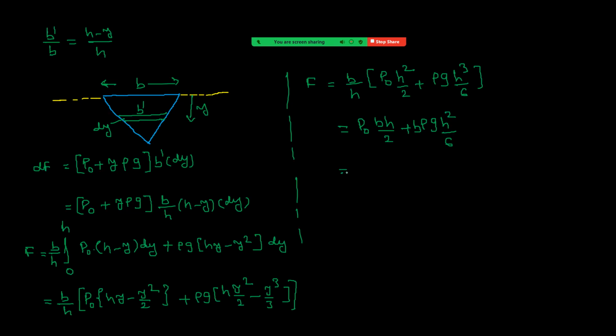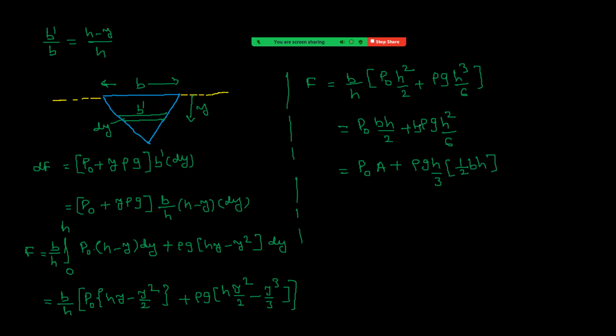Okay, now see the same thing, we can take it as B P naught half base height. This is now the area of triangle. Plus, this can be taken as rho G, taking this as H by 3, rho G H by 3 into half base height.